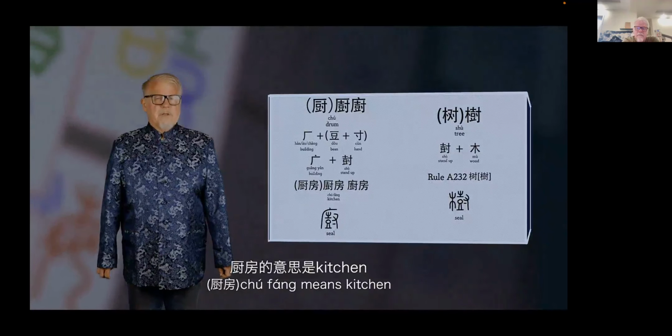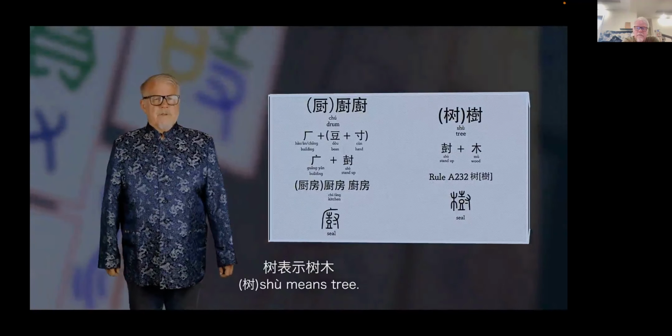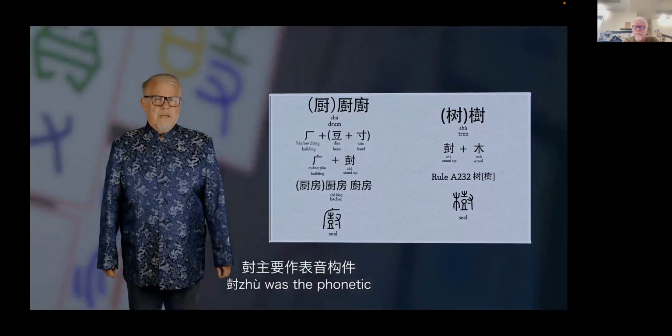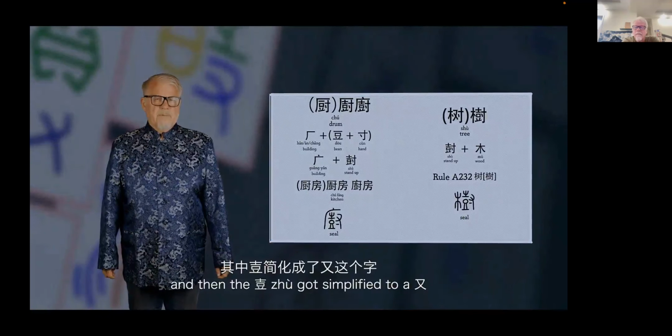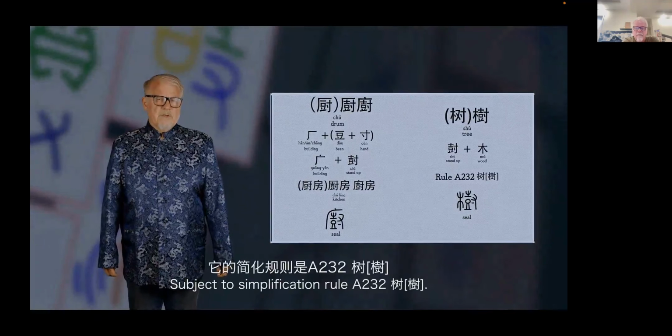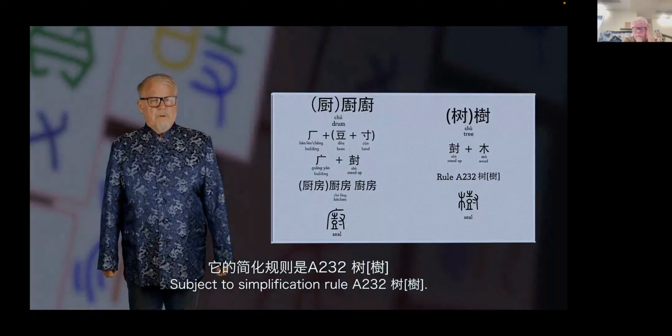Chu fang means kitchen. Shu means a tree. Ju was the phonetic, and then Ju got simplified to a yo, subject to simplification rule A 232.